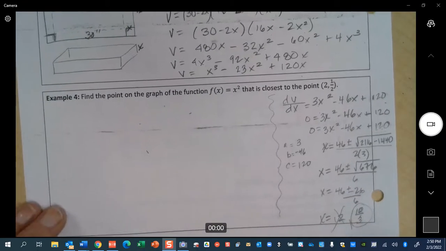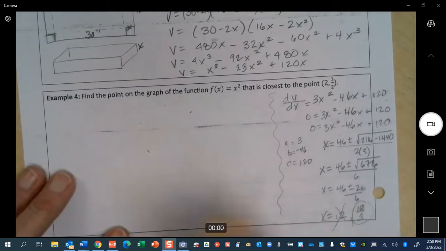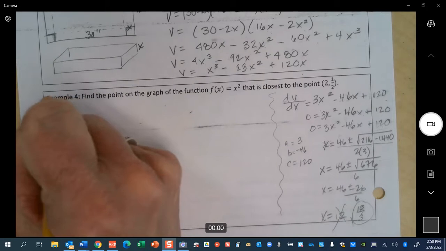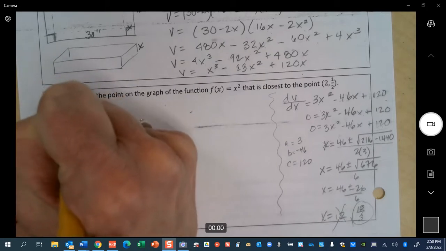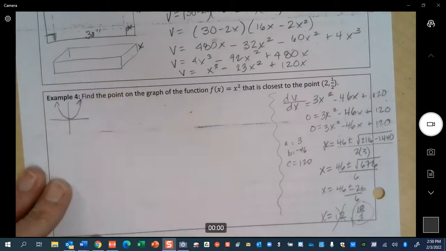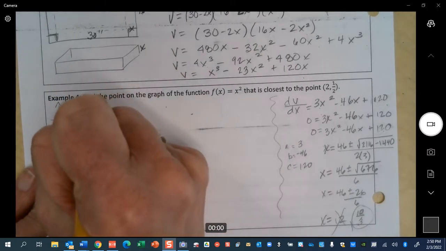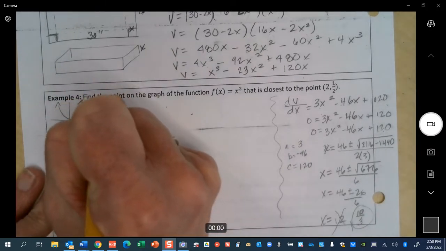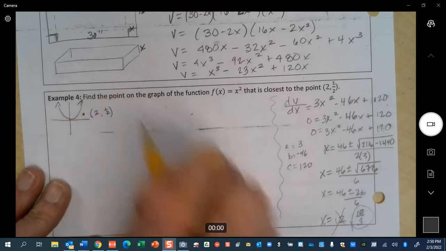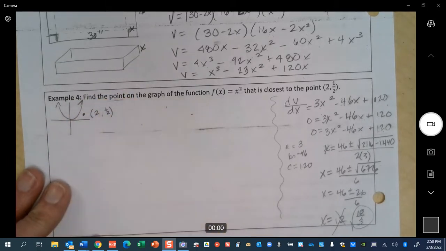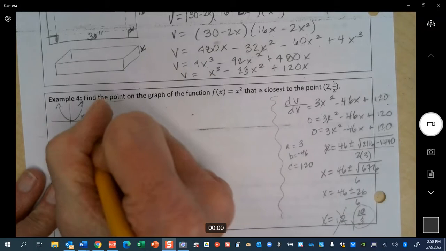All right, let's set up this first one. If I have f of x equals x squared, that's this parabola that sits lovely right at the origin like that. If I have a point on the graph, 2, 1/2, I want to find the point on the graph that is closest to this.